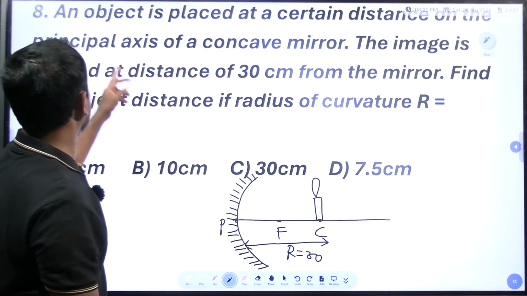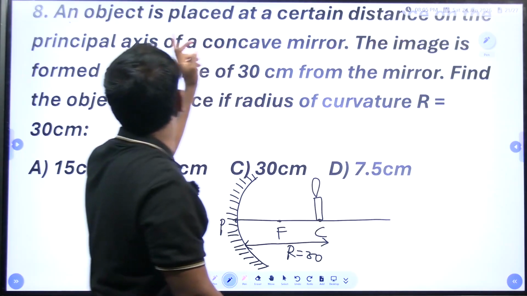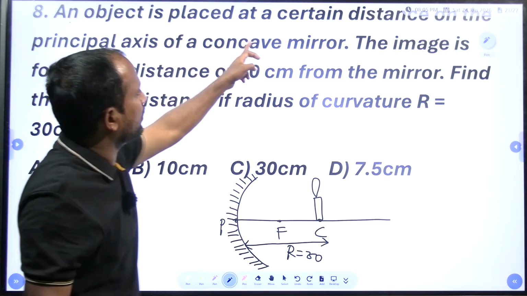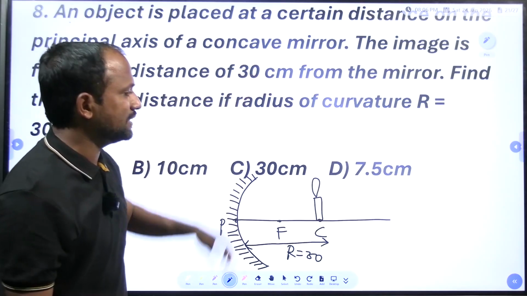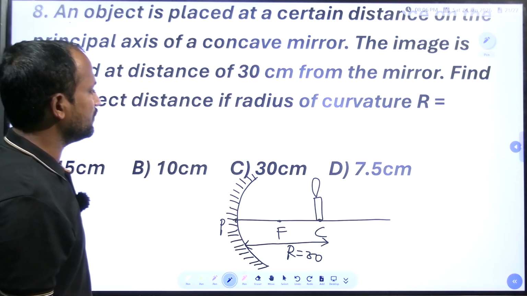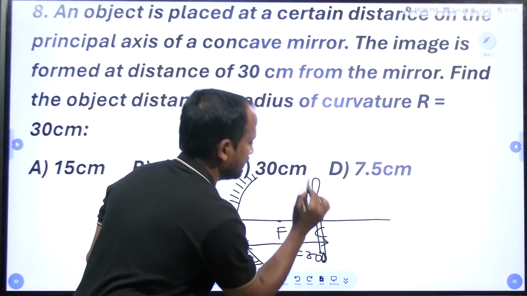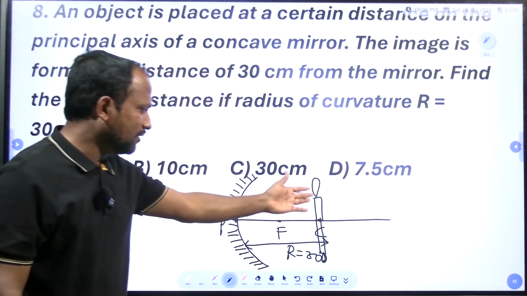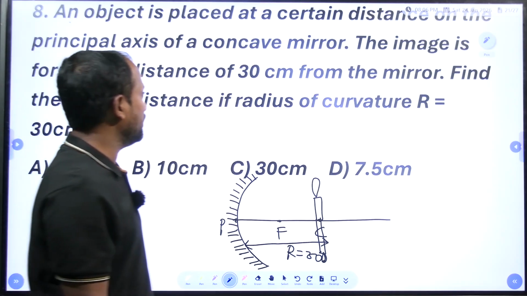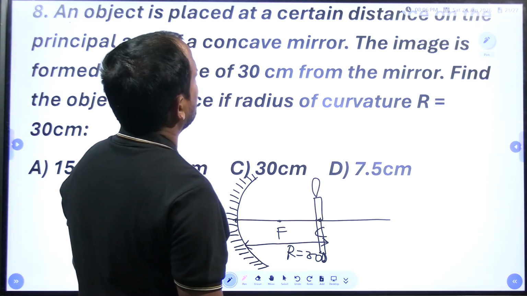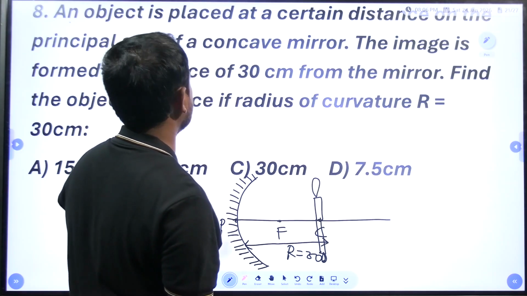Next, observe: the image is formed at a distance of 30 centimeters. Why? Because at the center of curvature, the image is formed at the same distance. Find the object distance.